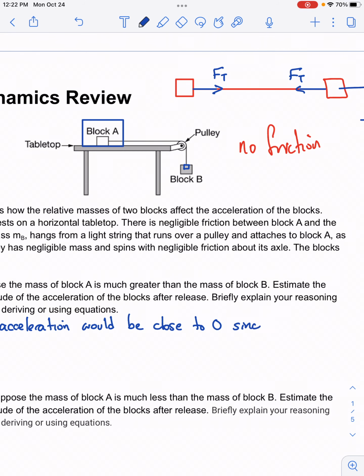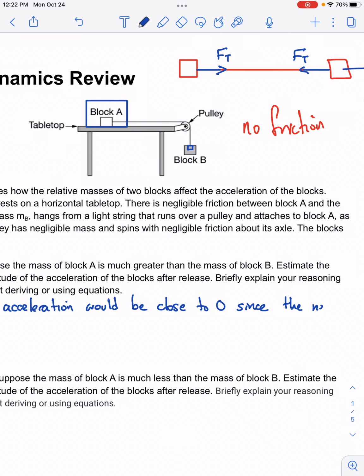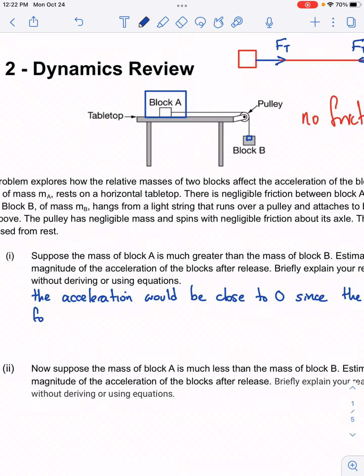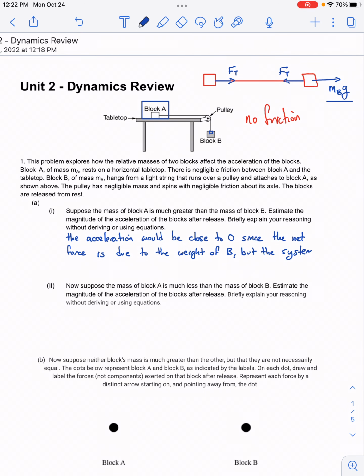Since the net force is due to the weight of B, but the system mass is very large compared to that, right?